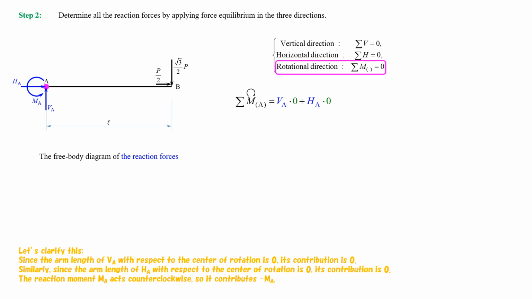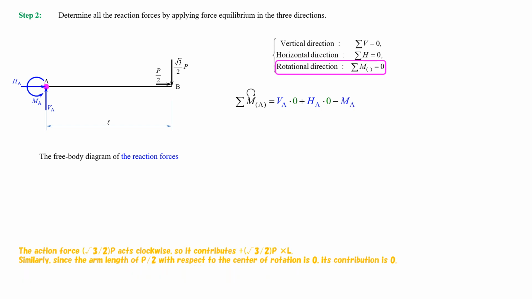The reaction moment, MA, acts counterclockwise, so it contributes minus MA. The action force, the square root of 3 divided by 2, multiplied by P, acts clockwise, so it contributes plus the square root of 3 divided by 2, multiplied by P, and multiplied by L. Similarly, since the arm length of the 1/2 of P, with respect to the center of rotation, is 0, its contribution is 0.